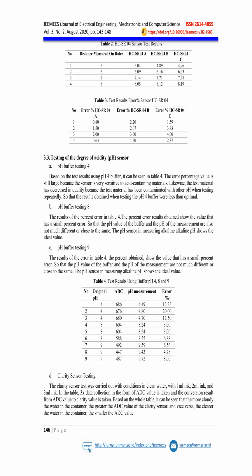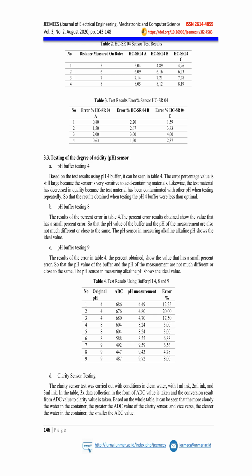Error percent. 1. 4. 686. 4.49. 12.25. 2. 4. 666. 4.80. 20.0. 3. 4. 680. 4.70. 17.50. 4. 8. 640. 8.24. 3%. 5. 8. 640. 8.24. 3%. 6. 8. 588. 8.55. 6.88. 7. 9. 492. 9.59. 6.56. 8. 9. 447. 9.43. 4.78. 9. 9. 487. 9.72. 8%. D. Clarity sensor testing.